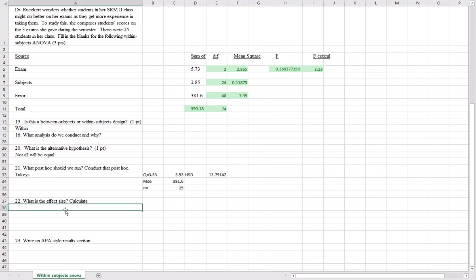Next, we're going to calculate the effect size. In this case, it's sums of squares between divided by sums of squares between plus sums of squares error.